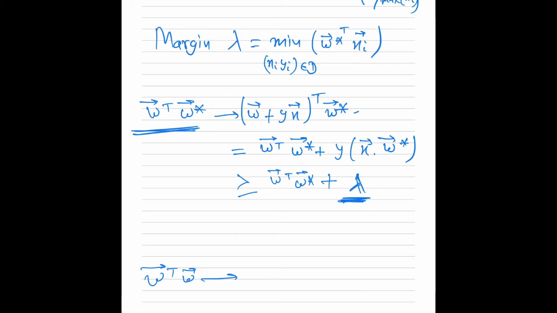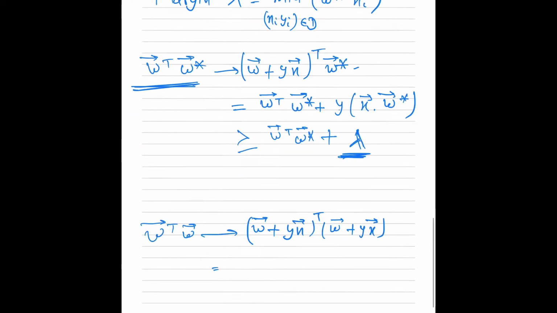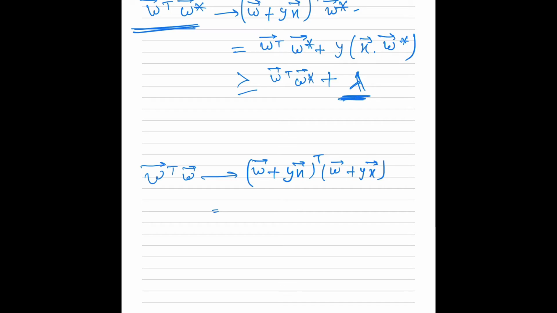After an update, I will have (w plus y x) transpose (w plus y x), and after simplifying the value will be w transpose w plus 2 times y w transpose x plus y square x transpose x.